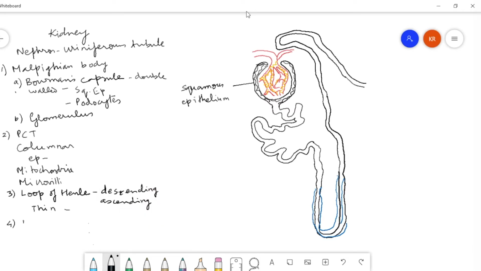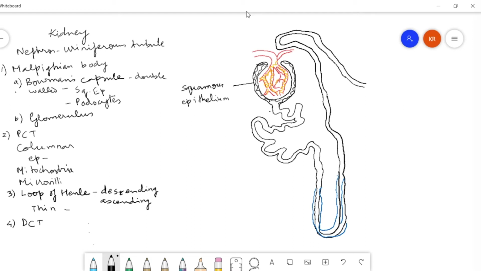And the fourth part is the distal convoluted tubule. So as it comes over here, since this is farther away, however, the DCT is coming very close to the Malpighian tubule. When we use the word distal, it is not only the physical proximity, it is the distance from this end. You see, this is immediately following. The proximal convoluted tubule is starting immediately from here, therefore it is called proximal convoluted tubule.